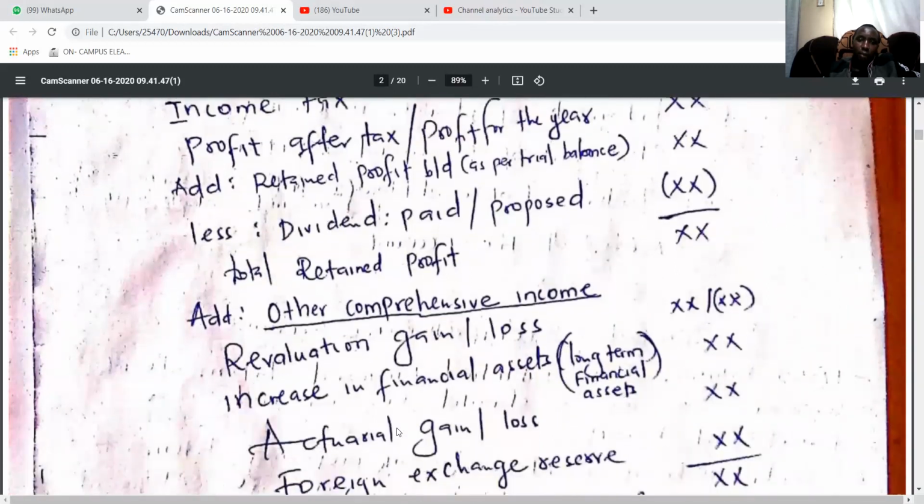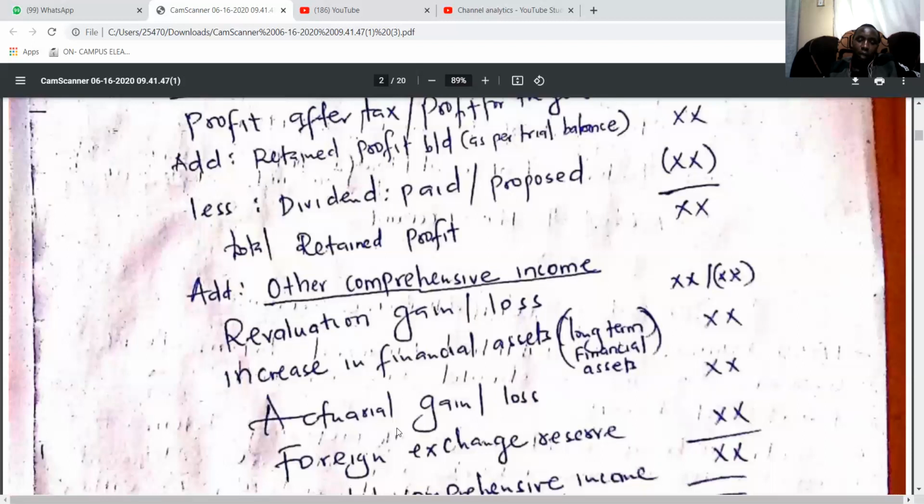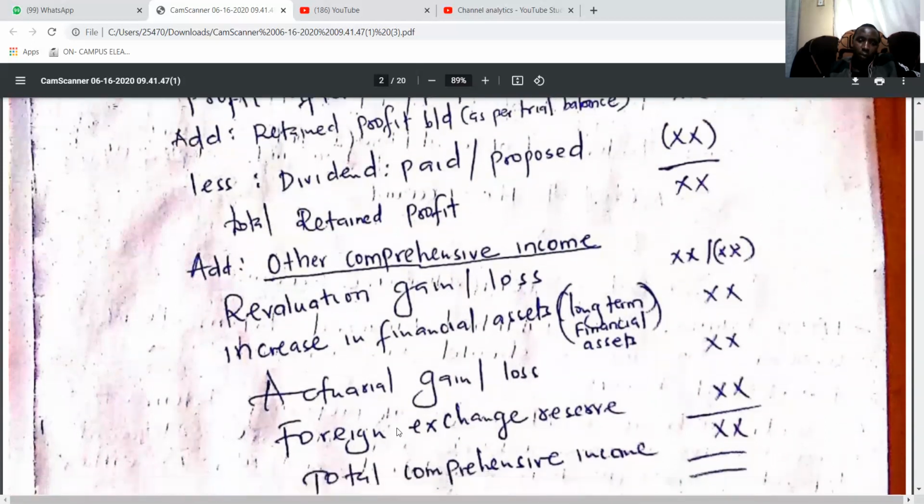Then we have to add some comprehensive incomes, like revaluation gain or loss, and this one is on long-term tangible assets. A good example is land and buildings. If there's a revaluation on land and buildings, we have to check if it's a gain or a loss. If it's a gain we add, and if it's a loss we subtract.